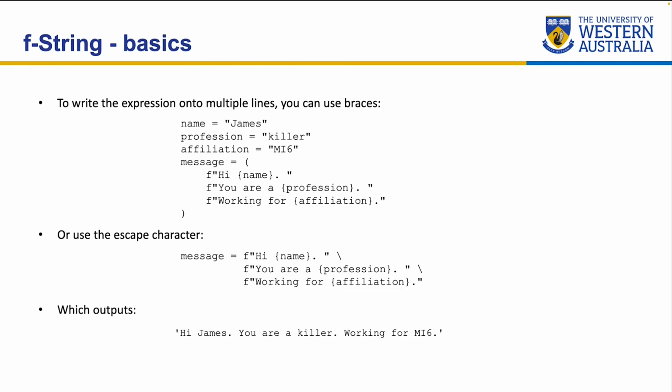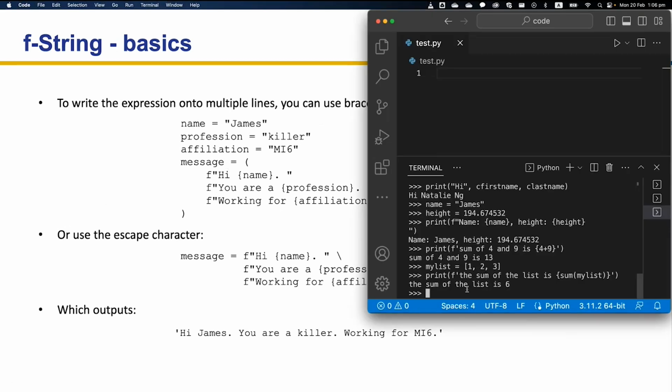So in order to format the strings nicely inside the code, sometimes you will have to write them onto multiple lines, and that can be quite messy, right? But this is one way of doing it. So here is the name. So let me just copy that code actually. So I'm going to open this.